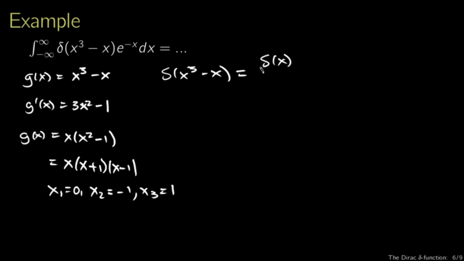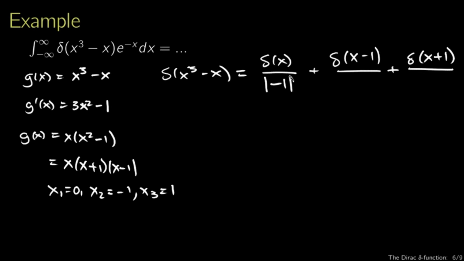Delta of x over effective derivative here, which I'll write in a moment, plus delta of x minus 1 over its effective derivative, plus delta of x plus 1, again over the magnitude of the derivative of g of x. And if you go through and evaluate the magnitudes of the derivatives here, you end up with 1 here, 2 here, and 2 here. So this is our overall formula.